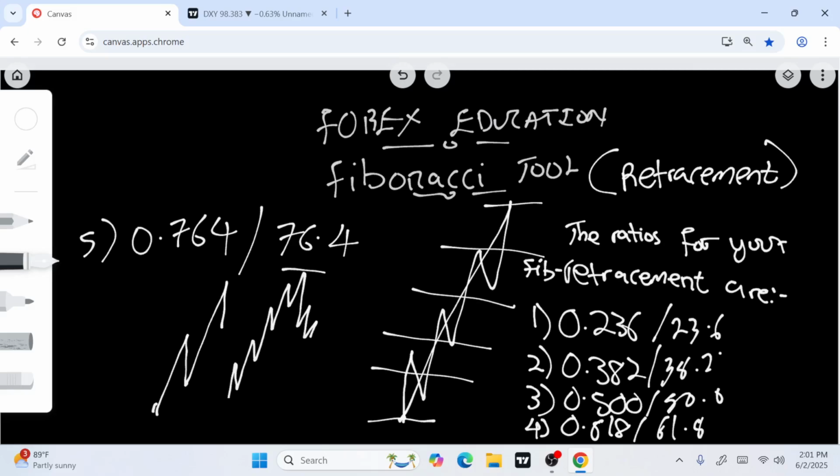That is, it gives you a foresight. Don't forget, I told you that once you draw your retracement from the low to the high, it gives you a foresight at which you are expecting a retracement to end, for you to now get a what? A bullish candlestick pattern for the next impulsive movement.